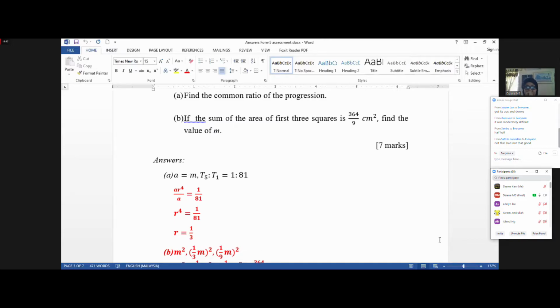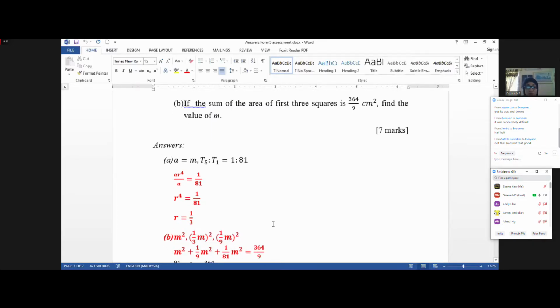From here, I do not want to use the formula. I just straight away plus these 3. So the first area is m squared, the second area is 1 over 9 m squared, the third area is 1 over 81 m squared, and plus all these 3 is 364 over 9. This is just like a normal linear equation where the unknown is the same, the like term.